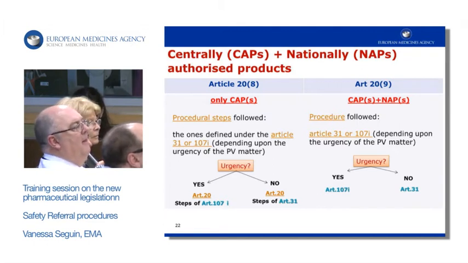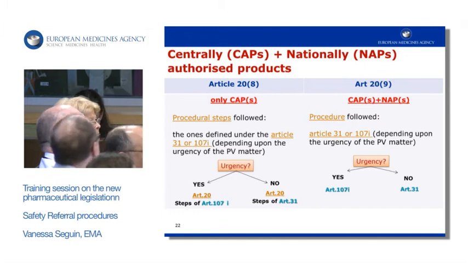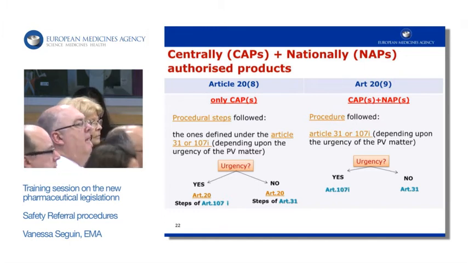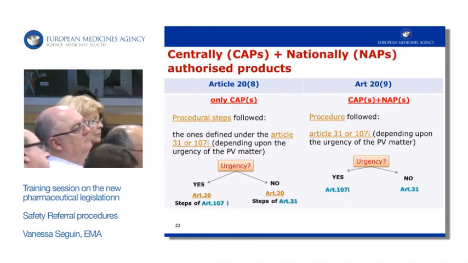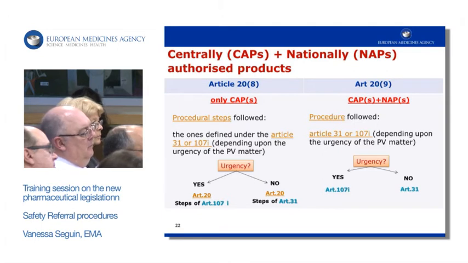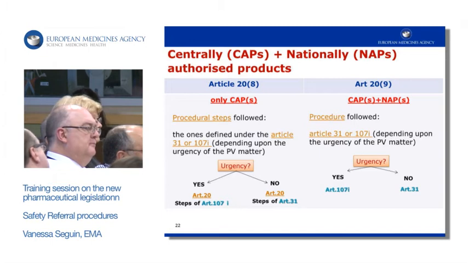So just to keep it simple, when you've got an Article 20 triggered and the safety concern only refers to centrally authorized products, you've got clear procedural steps to be followed: if it's urgent, the step defined by Annabella, which is the 107i one; when it's not urgent, the step of the Article 31. But the legal framework remains an Article 20 with all its implications.